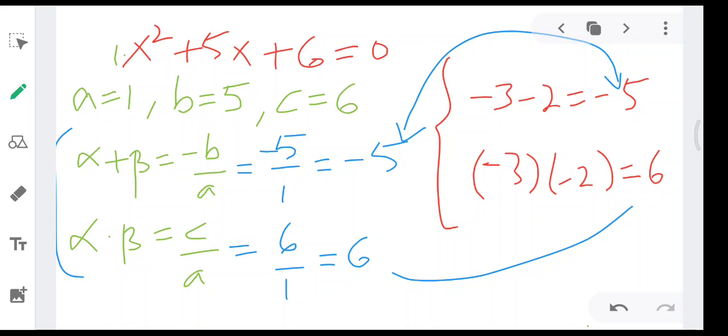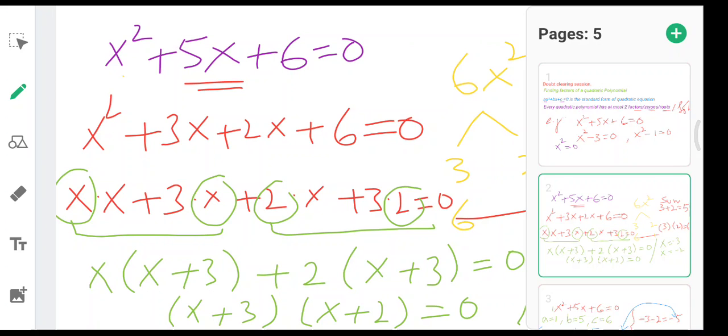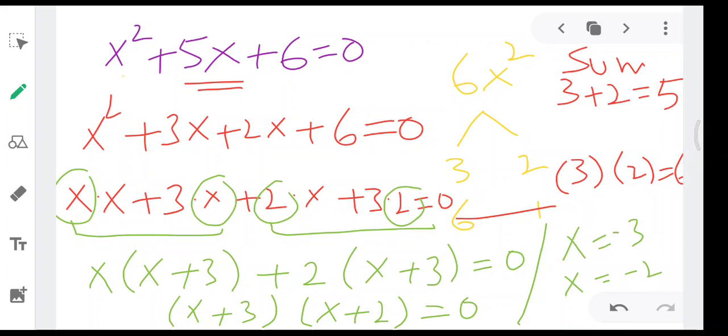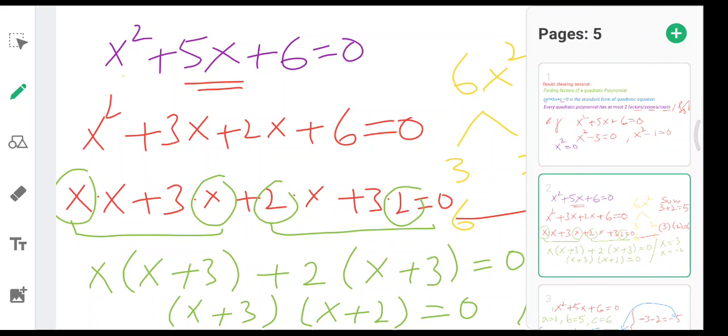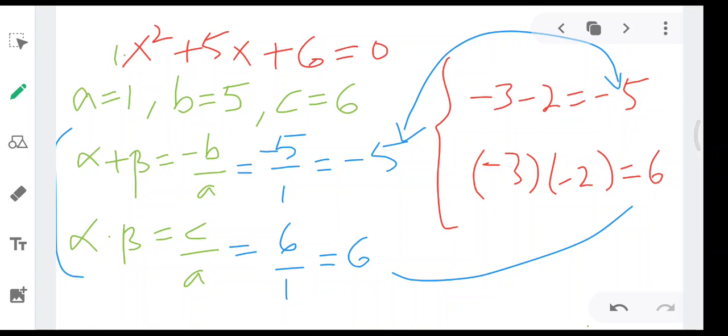Every equation we cannot solve to find the zeros in this way. Especially for 10th class I am telling this, we cannot find the zeros of the polynomials directly by splitting the middle term. Every equation cannot be split, so you can use this method for finding sum and product.